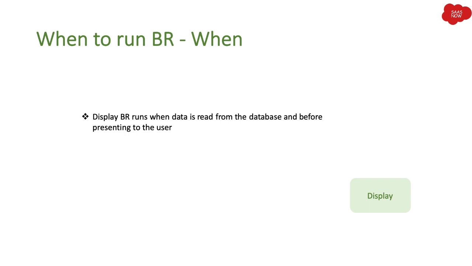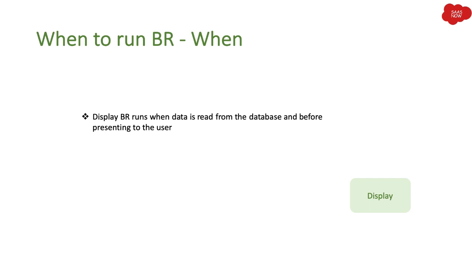And then we have display business rule. Now, display business rule runs when data is read from the database and before presenting to the user. So if you are creating an incident and you want something to be read from the database, in that case you can use display business rules.